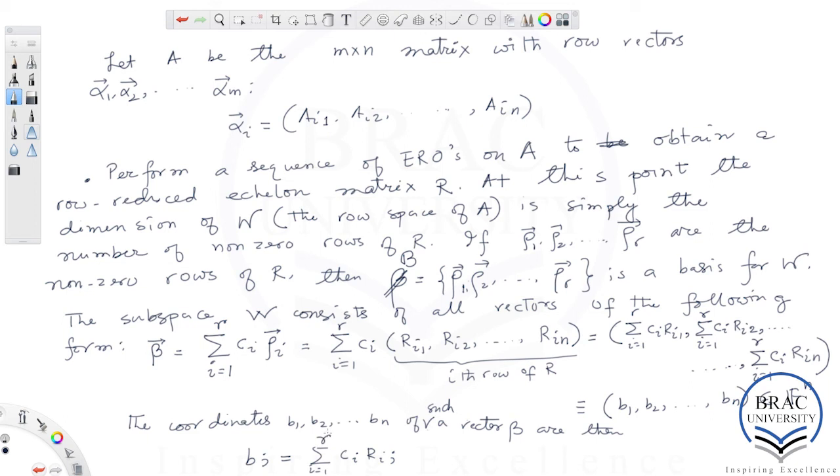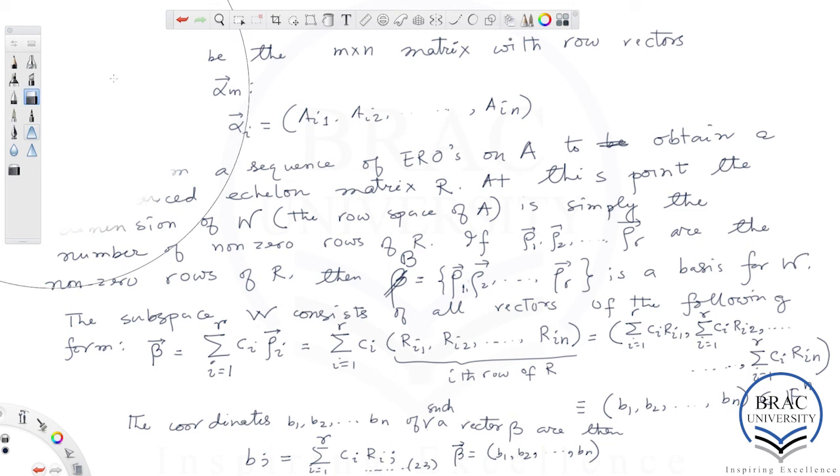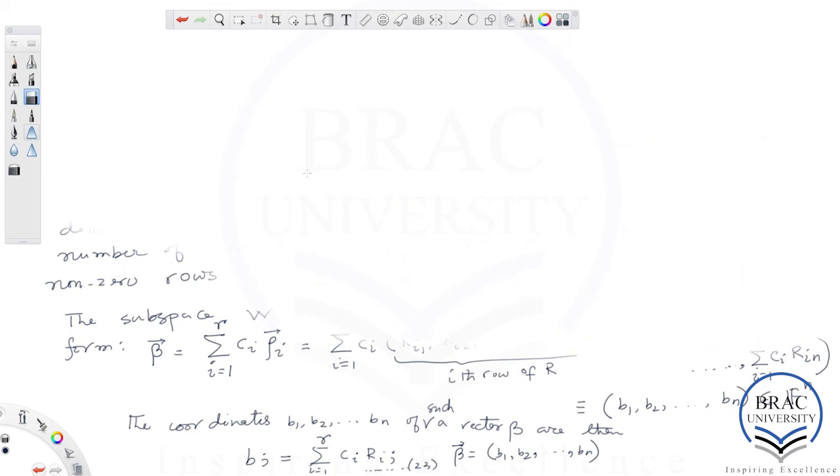Here r is the number of non-zero rows in the row reduced echelon matrix, big R. So in component form, beta is written as b1, b2, all the way up to bn. This expression of B is numbered as 23. All right, so let me erase this writing.